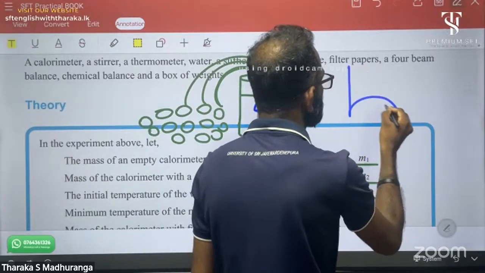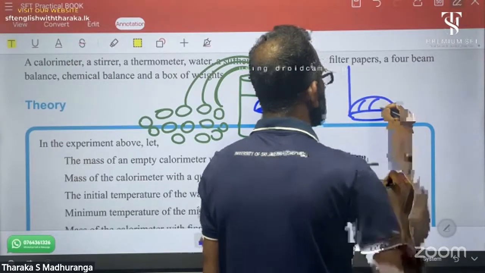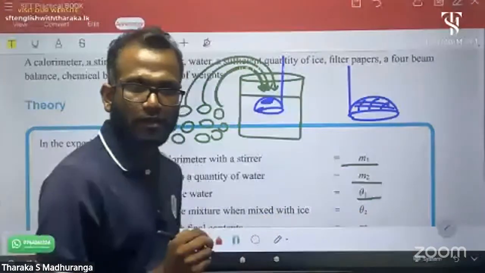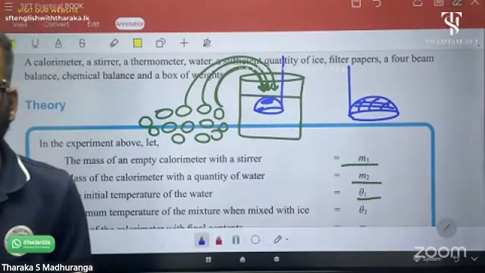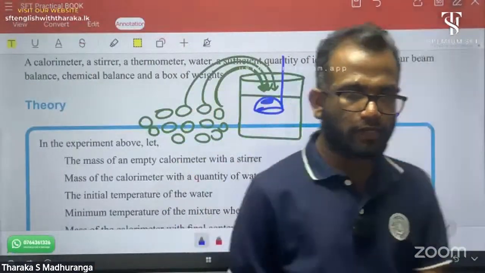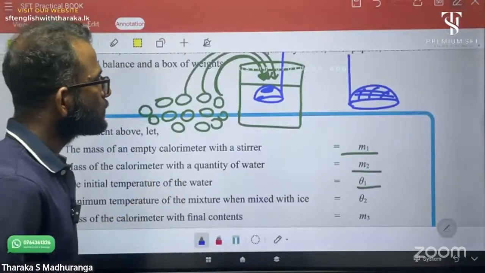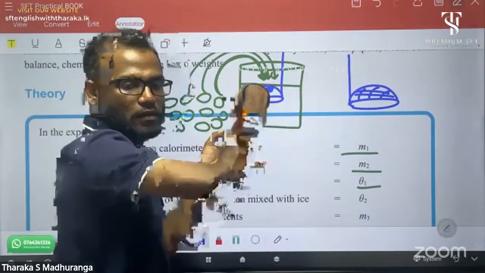This is the shape of a net stirrer. A net stirrer is a stirrer made of mesh, like this. Using the net stirrer, dissolve the ice inside the water, fully submerged.